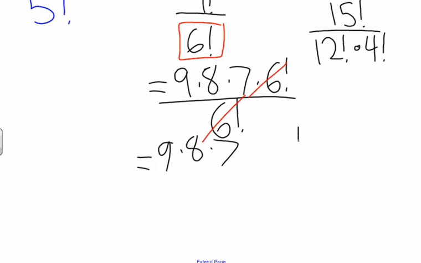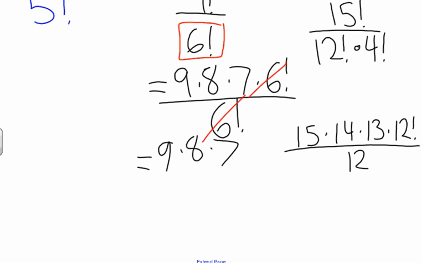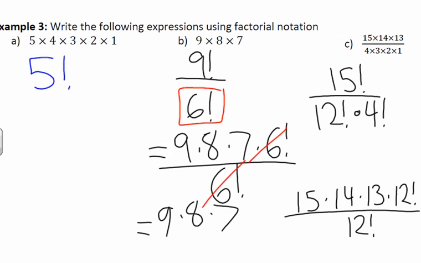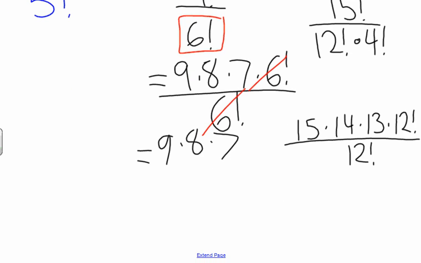So if we have 15 factorial in the top, we can expand that out to 15 times 14 times 13 times 12 times 11 times 10, all the way to 1. We can rewrite that as 15 times 14 times 13 times 12 factorial, right? Does that make sense? Kind of.